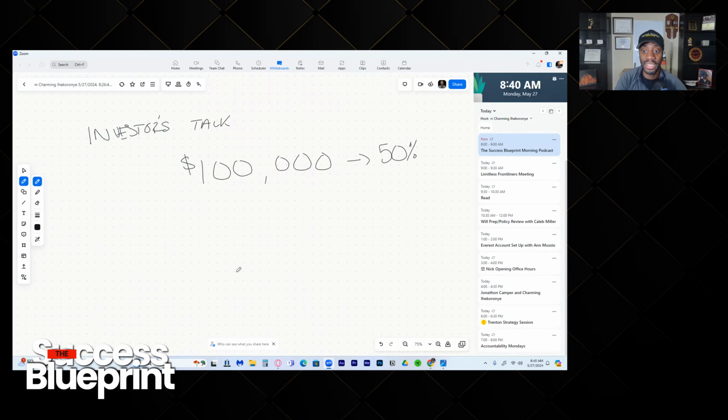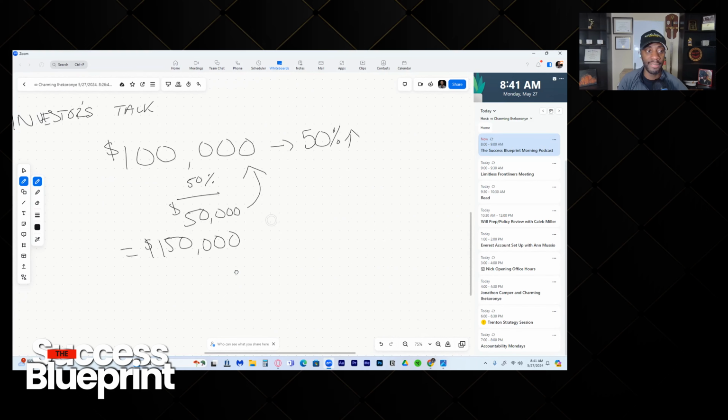You're up 50%. Well, 50% of 100,000 is $50,000. So $50,000 gets added to this, equaling a total of $150,000. All right, you went up 50%.